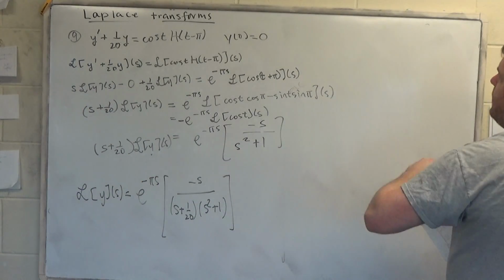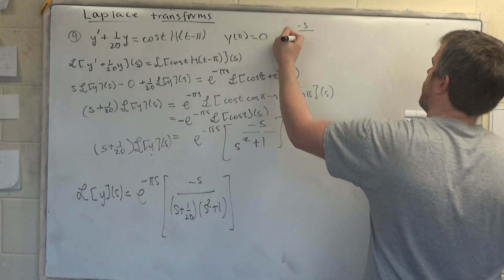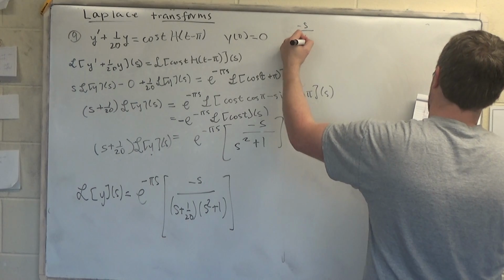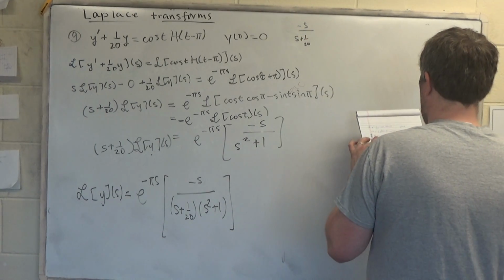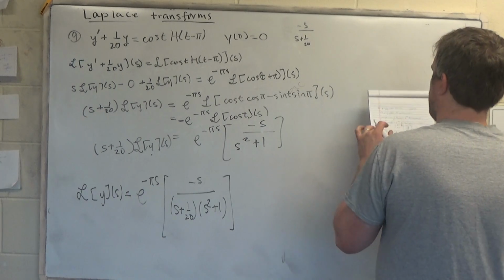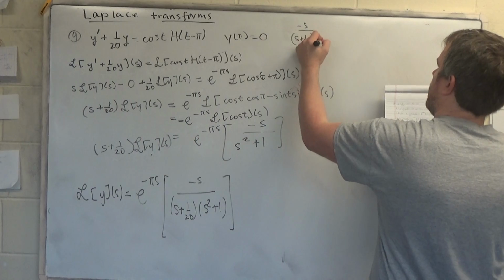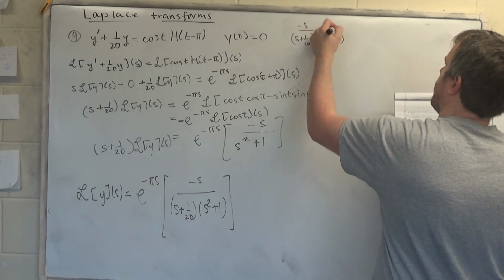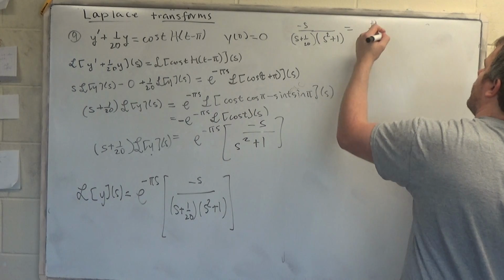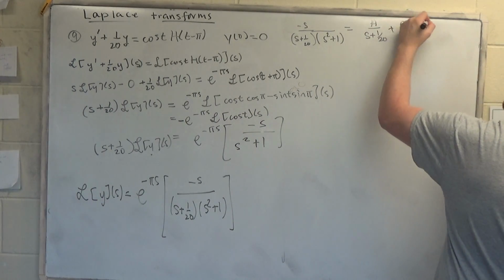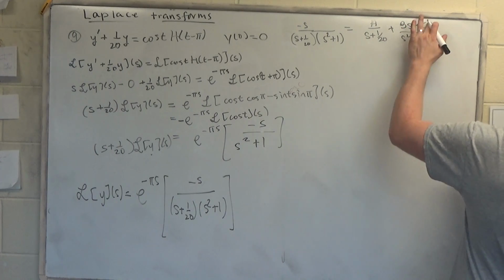Okay, so we're going to do that up here. Negative s over s plus 1/20th times s squared plus 1 is a over s plus 1/20th plus bs plus c over s squared plus 1.